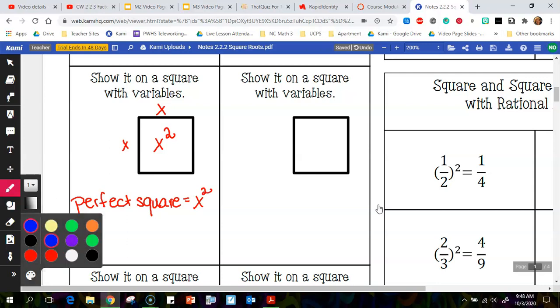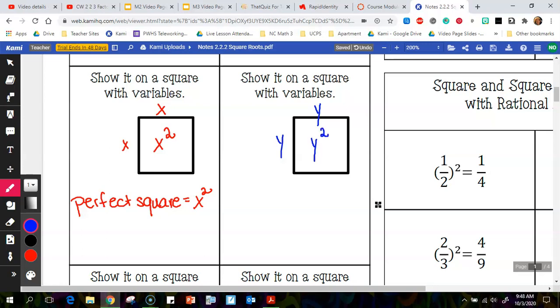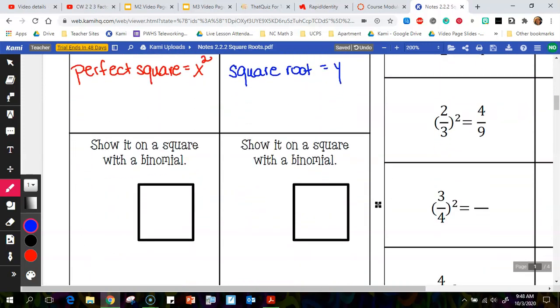We need to remember that when we start factoring difference of squares. So over here, let's say I have a y there, and my perfect square here would be y squared, but my square root would be the y itself. So it's the number that you multiply times itself.